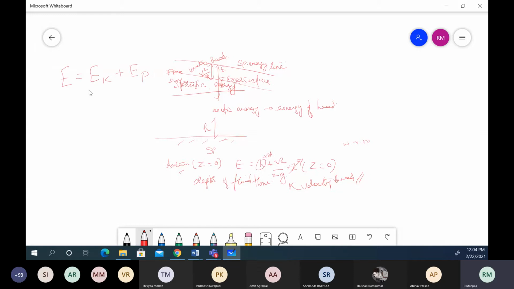This is nothing but your specific energy. Now, if I am plotting the specific energy diagram with respect to the depth h along the vertical axis, then I can say it's a specific energy head curve. I will draw the curve, then I will explain.